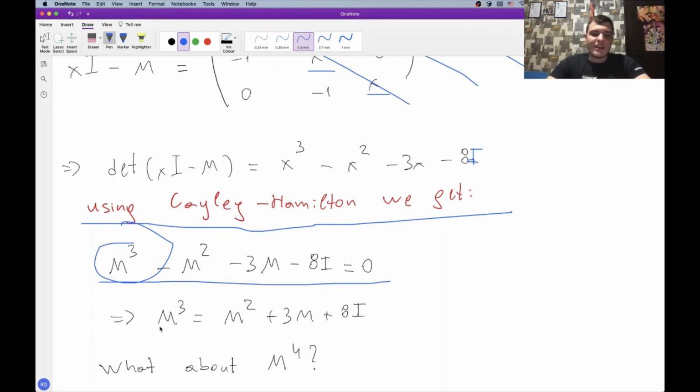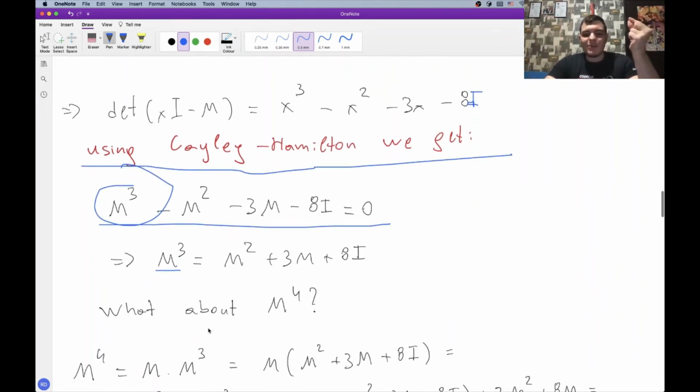Or in other words, m cube will be a polynomial of m of degree 2. So by directly applying the Cayley-Hamilton theorem, we get a closed form for m cube.